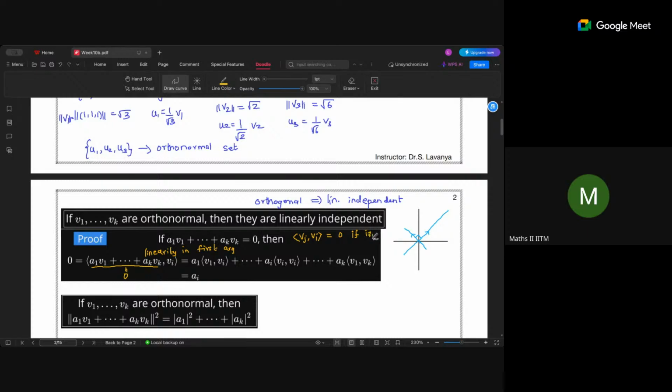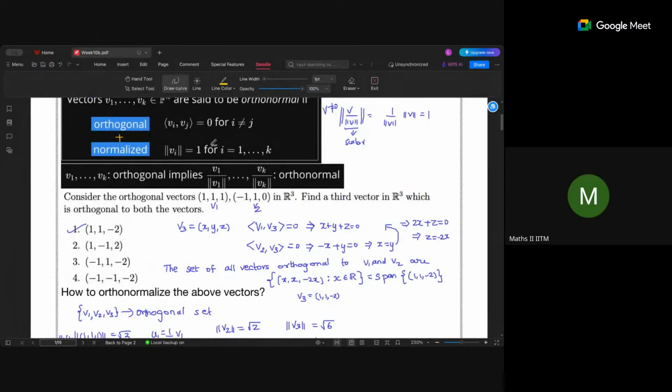And if i equals j, then what is the inner product vj comma vi? It is 1, yes, because it is orthonormal. Orthonormal means norm is equal to 1. But norm equal to 1 means what? Norm square is equal to 1. It means inner product vi comma vi equal to 1.